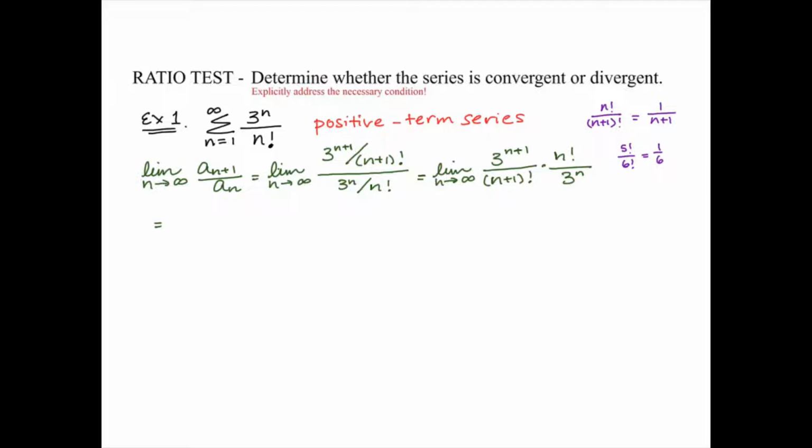And then here I have 3 to the n plus 1 divided by 3 to the n. That's going to leave me with a 3 in the numerator. So simplified, I get the limit as n approaches infinity of 3 over n plus 1.